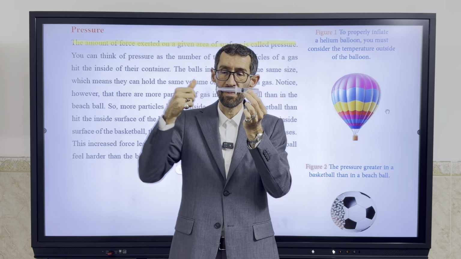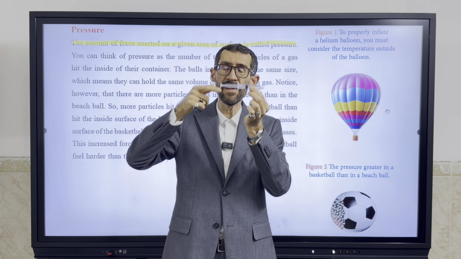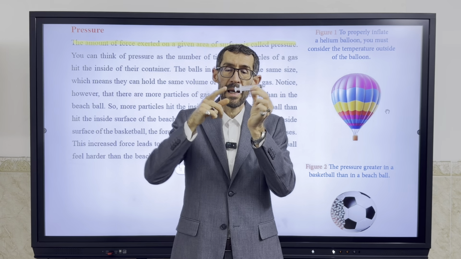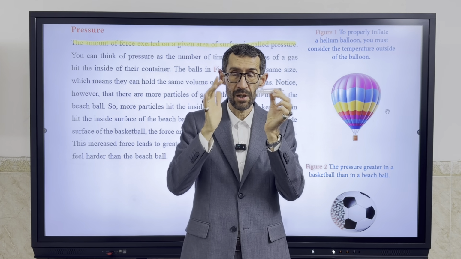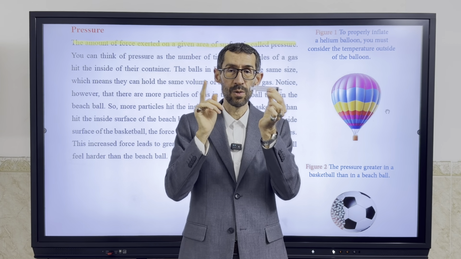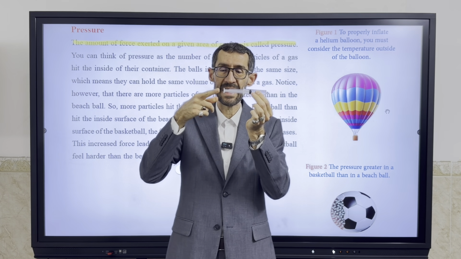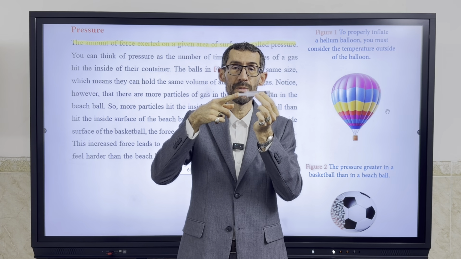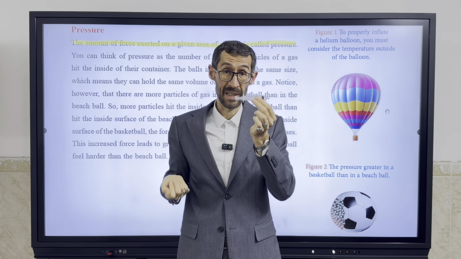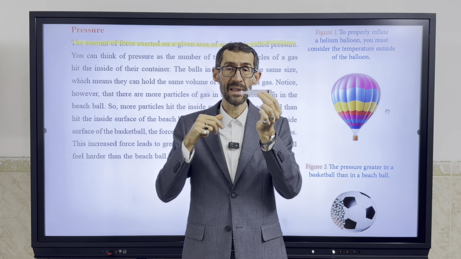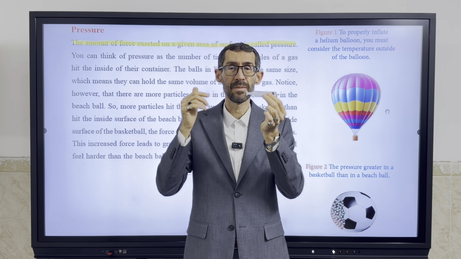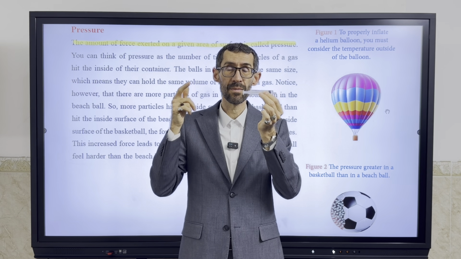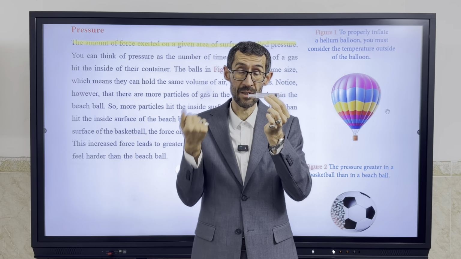So whenever you exert force on the piston, you apply pressure on the piston. What do I mean by this? It means pressure depends on two factors.